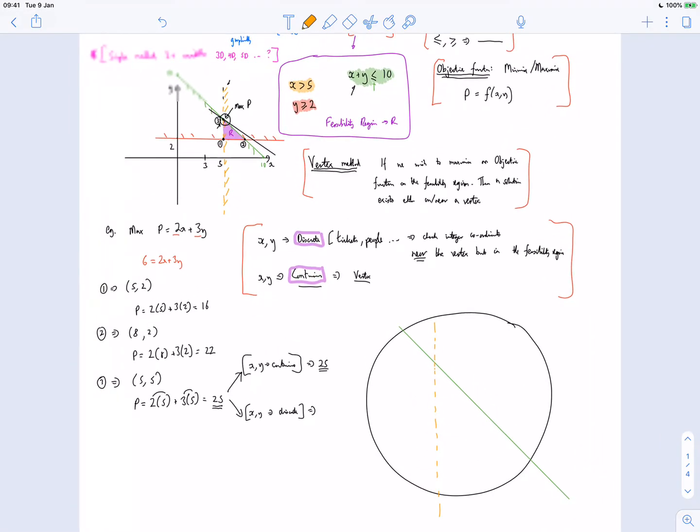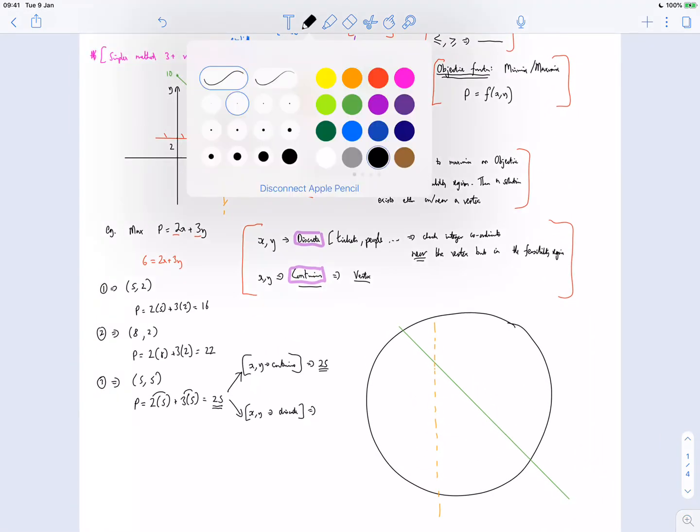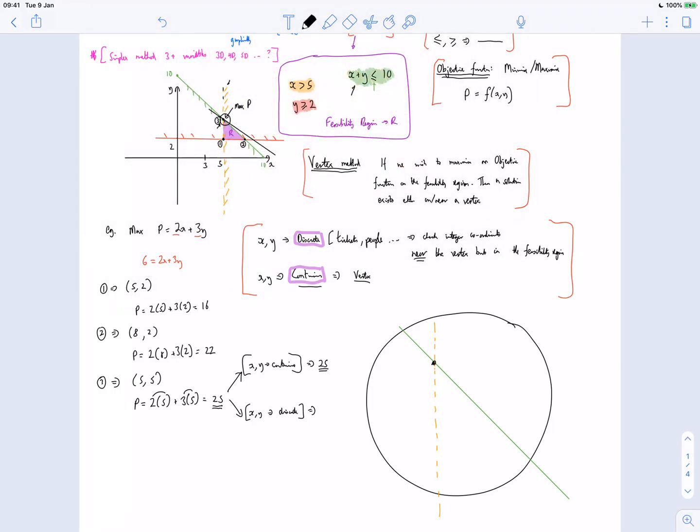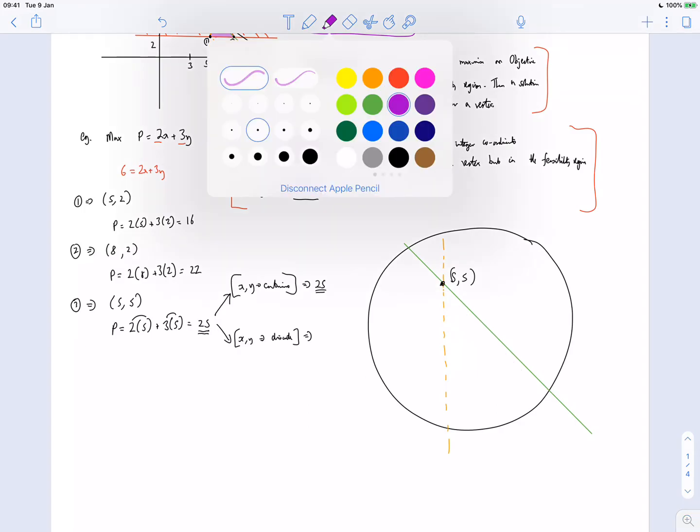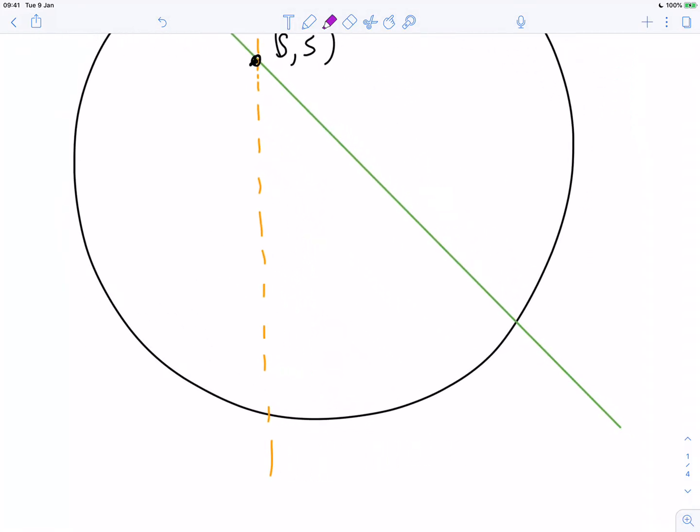Let's get a few points down. This point here was the point 5, 5. And by the way, our feasibility region was all of this space down here.